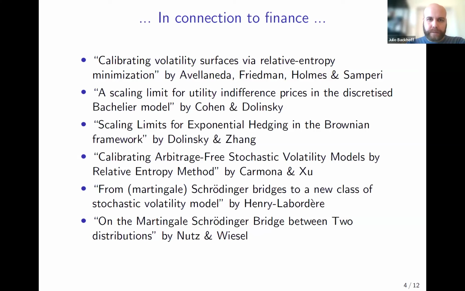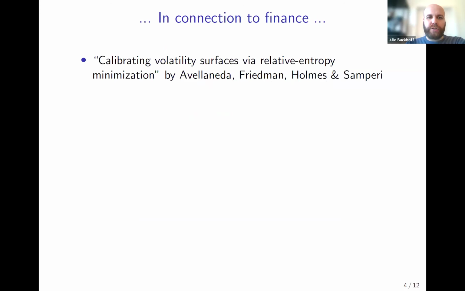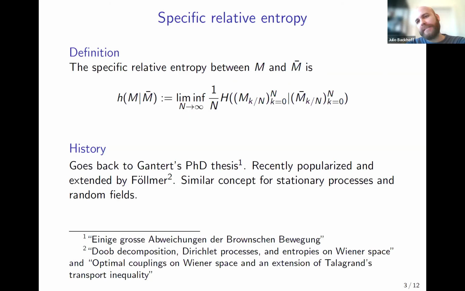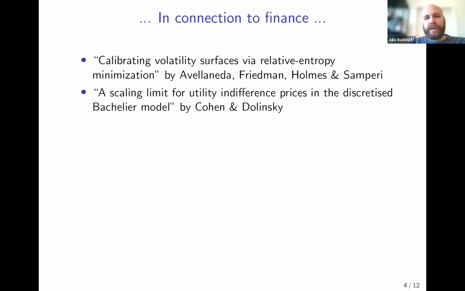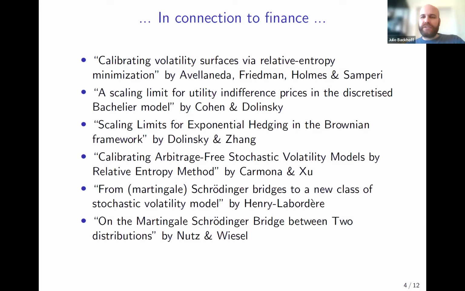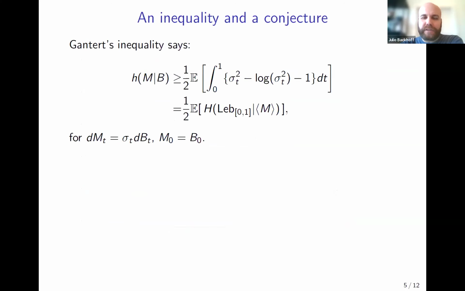Okay. So recall specific relative entropy is the scale limit of relative entropies. Now, what caught my attention, why I'm working in this field right now, is this beautiful inequality that's in Ganter's thesis. It says that the specific relative entropy, so the scale limit of relative entropies, has a very neat lower bound.